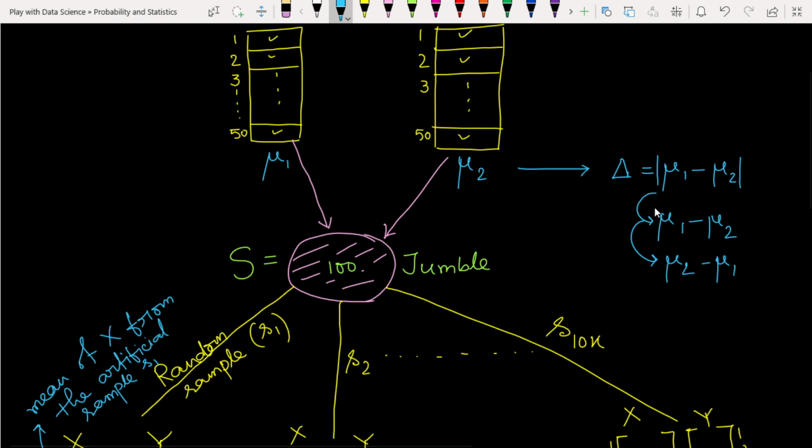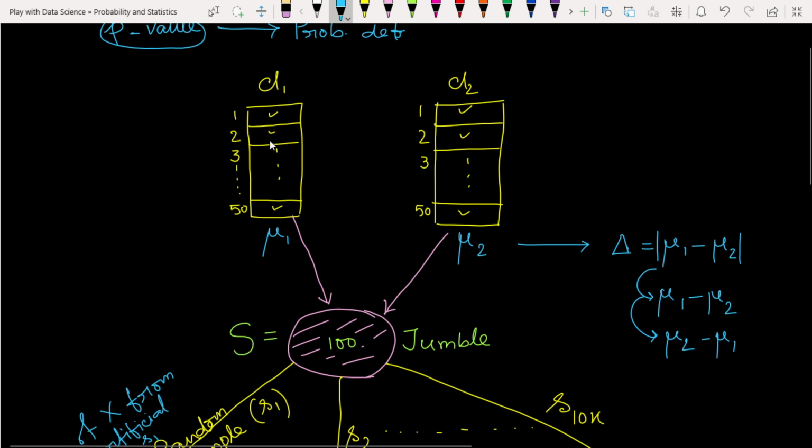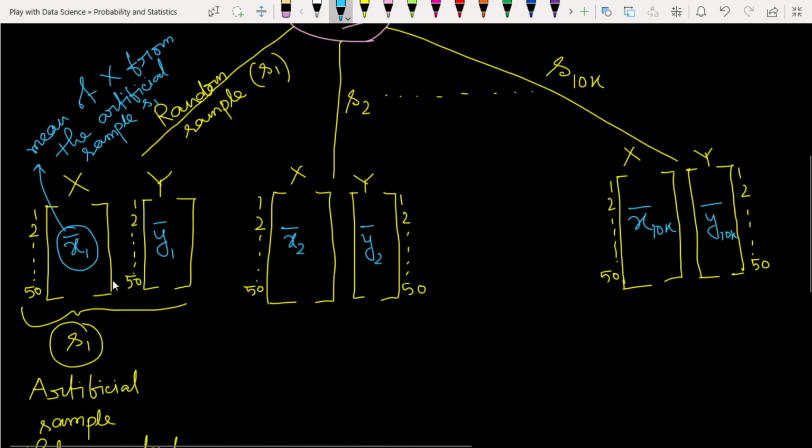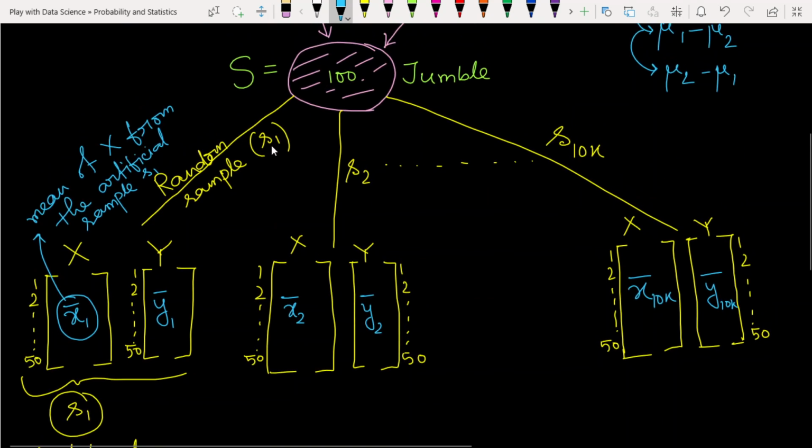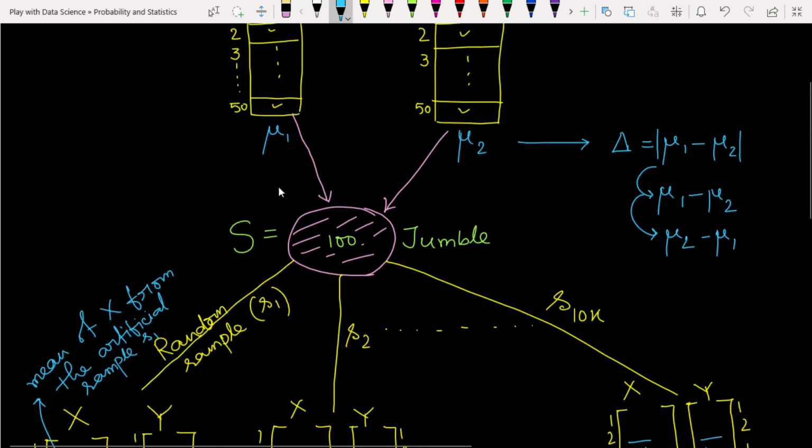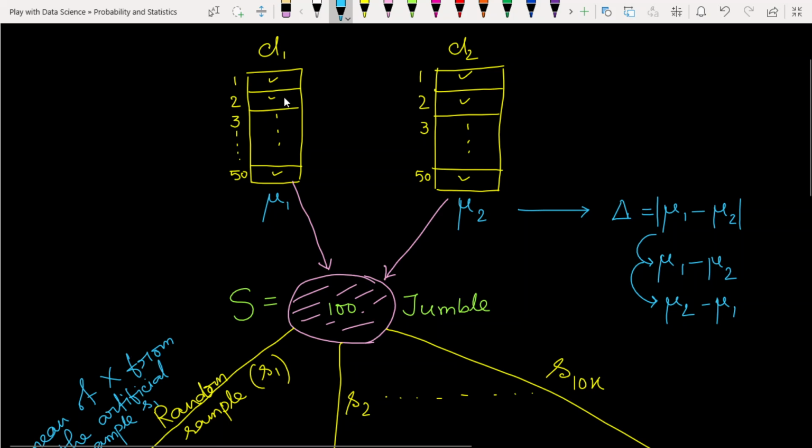If you calculate mu1 minus mu2, mu1 means the mean of the observed values that we have collected from class 1 students. And x1 is the mean of the set X that is built from S, the sample we made by jumbling the observed values from class 1 and class 2.